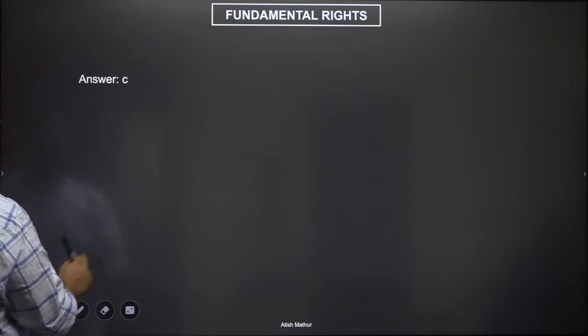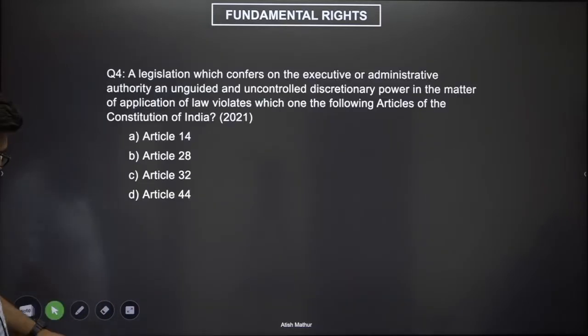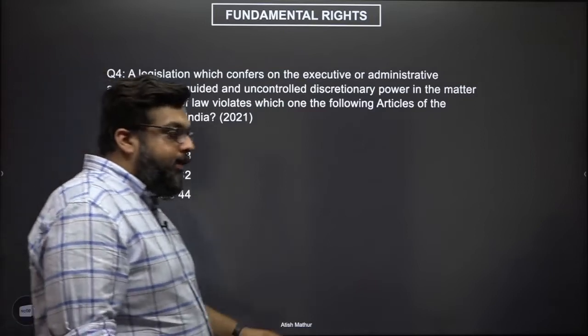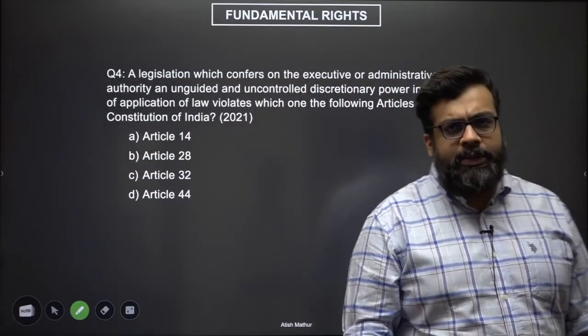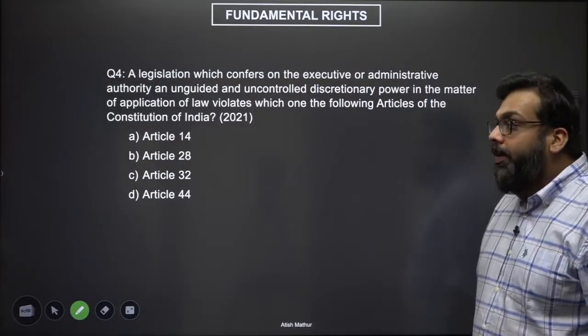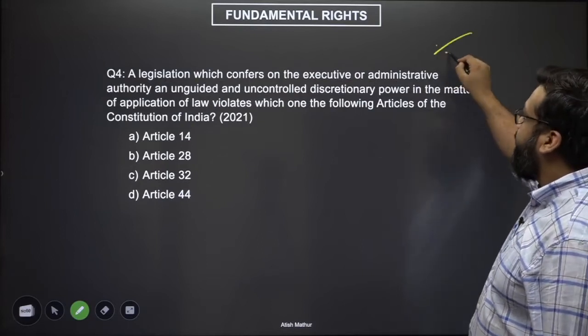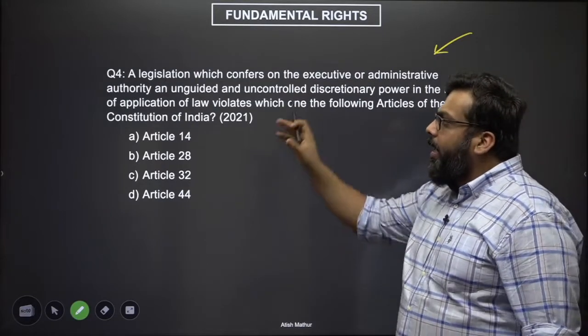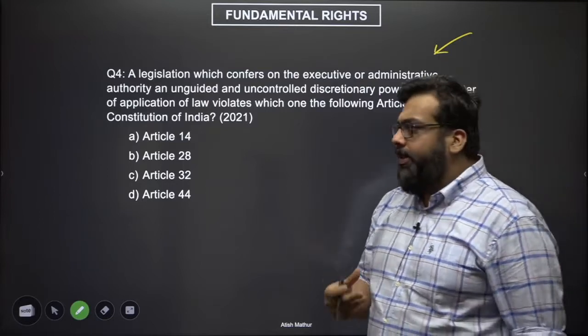Now, there you go. Now, this again, a question which confused a fair bit, but this was an easy question. Here we are going to apply the simplification technique. A legislation, this is a rather poetic question.